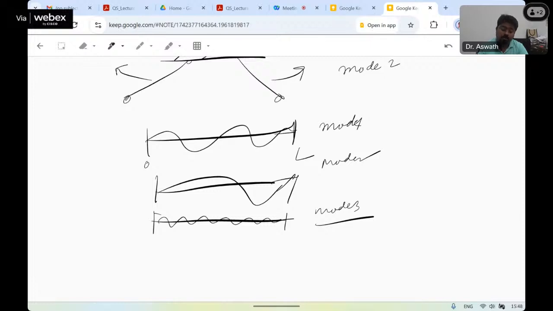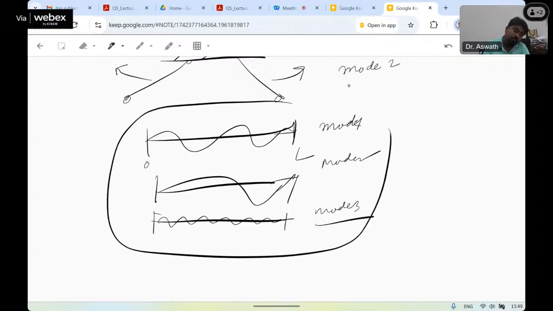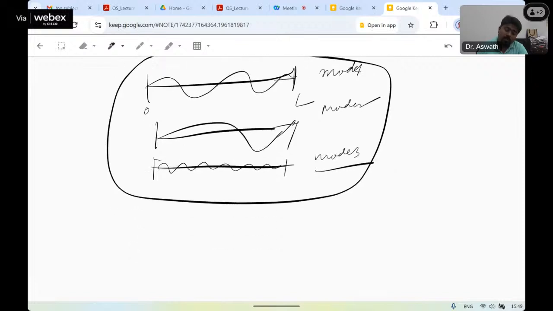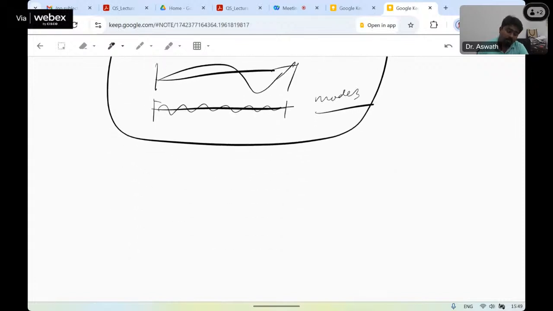Those modes are like eigenstates. Each mode would have its own energy. So I can represent the Hamiltonian corresponding to the electromagnetic wave in such a way that the eigenvalues and eigenvectors of that Hamiltonian correspond to these modes beautifully.